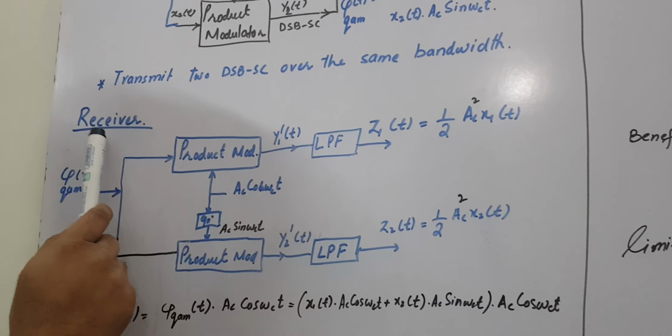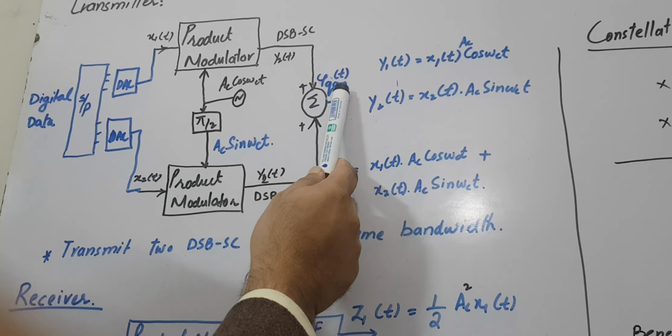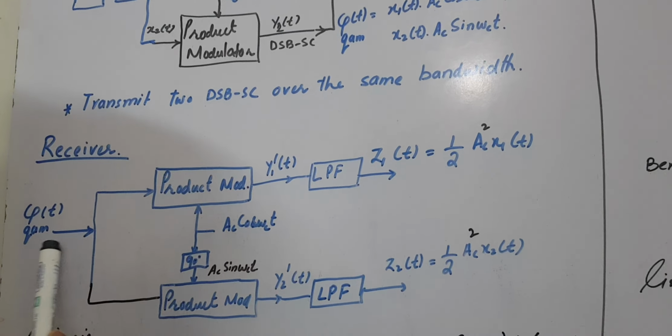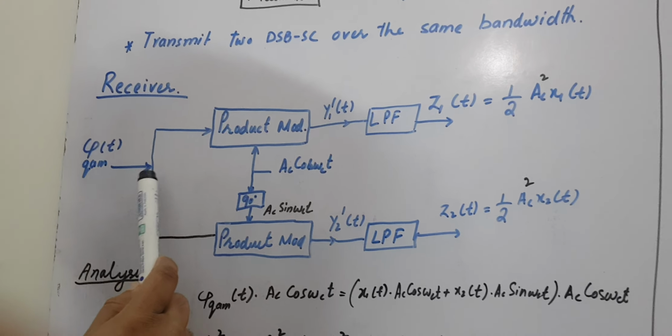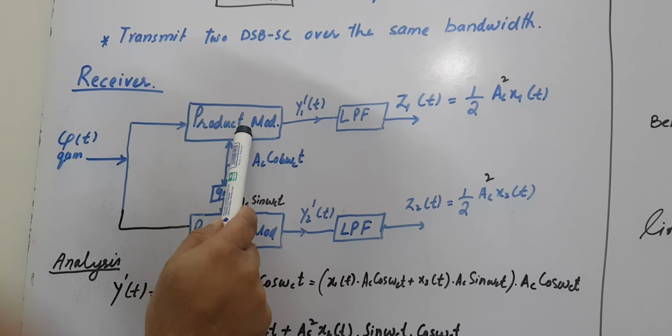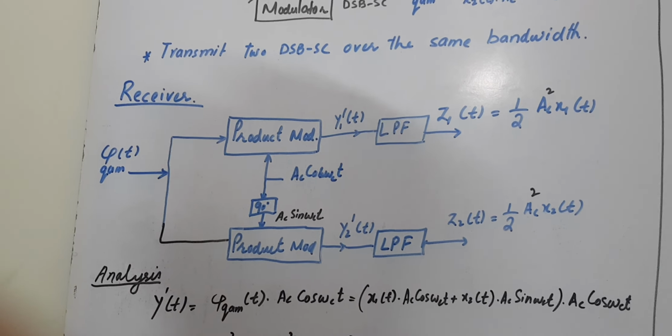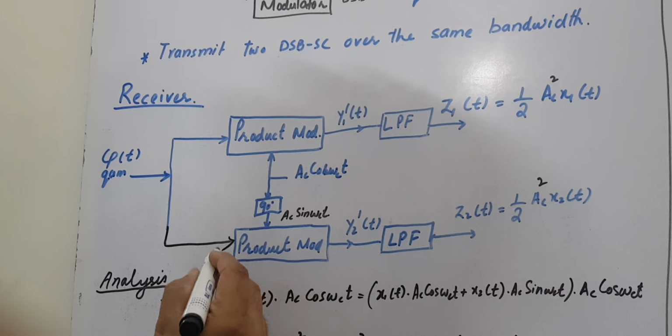So let's talk about the receiver. On the receiving side, you have the quadrature amplitude modulated signal as input, and you give it as an input to the product modulator on the upper arm and to the product modulator on the lower arm.